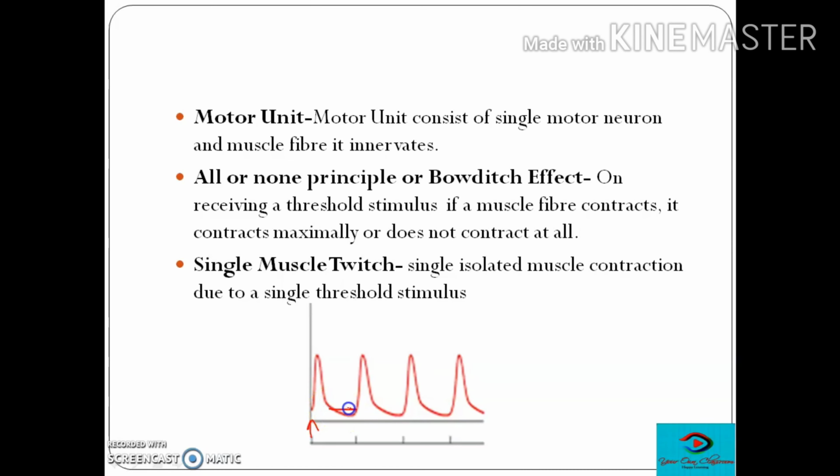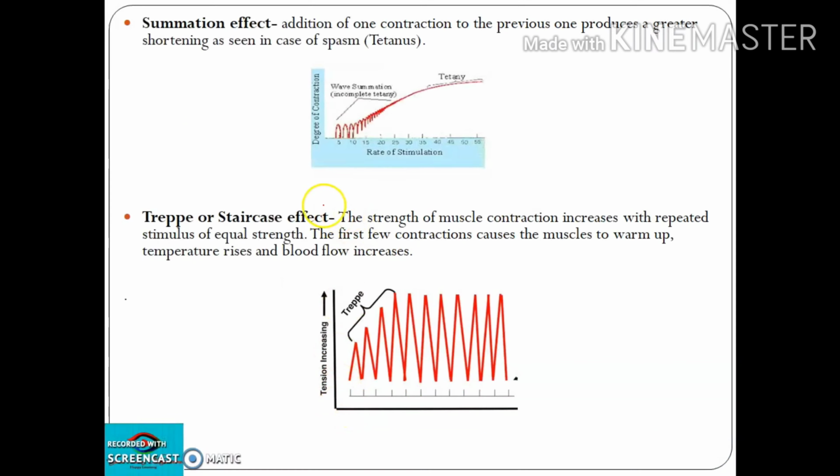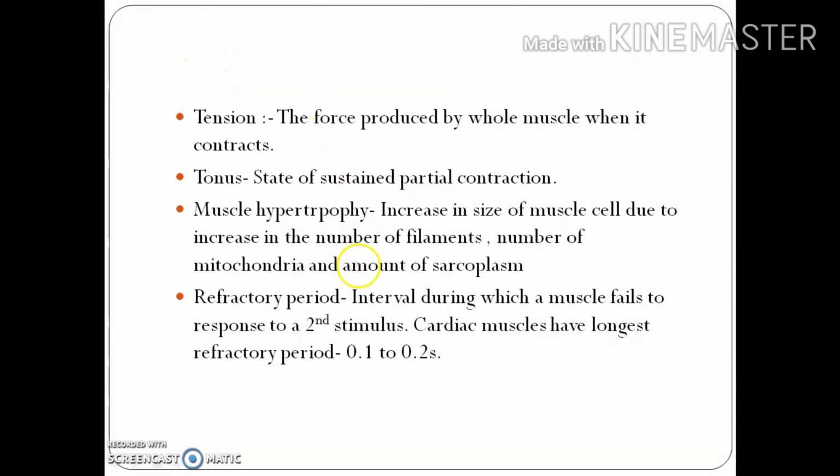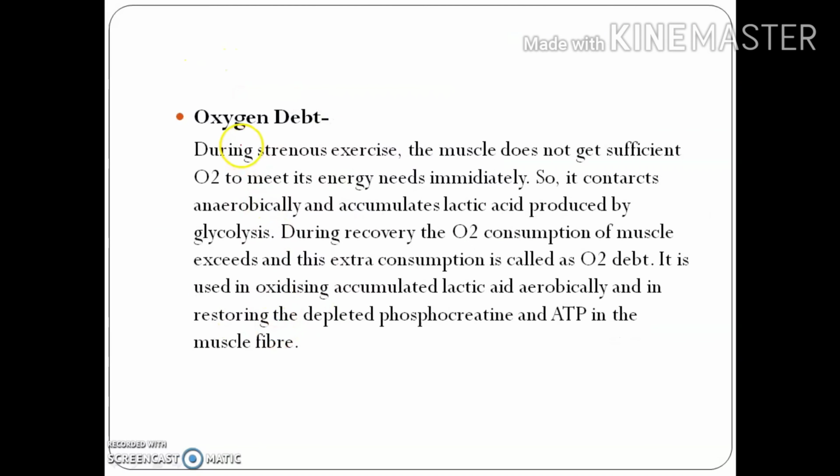This is the time frame when, no matter how strong a stimulus you give, there won't be a second contraction wave. So this is referred to as the refractory period. But yes, I know that this is contradicting the summation effect. Anyhow, you have to study this.